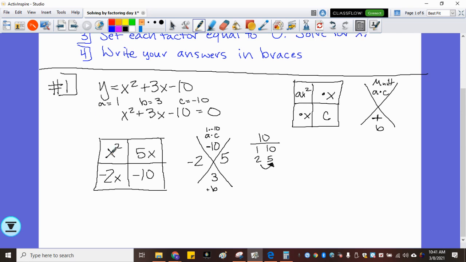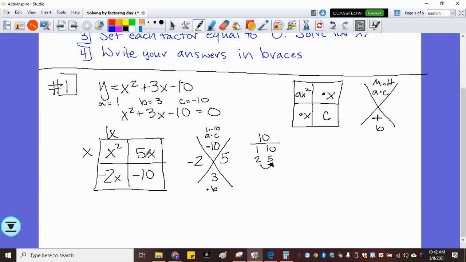Then we need to know what's in common. X squared and 5x. What's in common? X. So we take out an x. X times what gives you x squared? 1, yes, x times x is x squared.